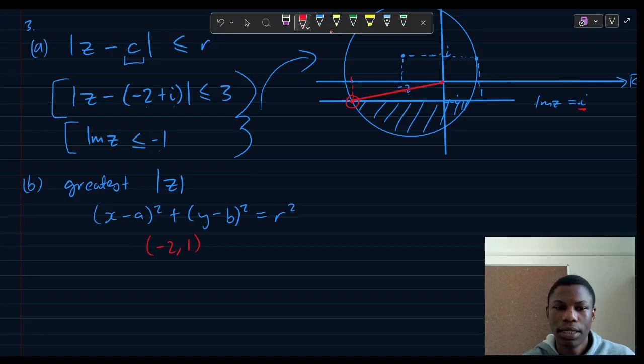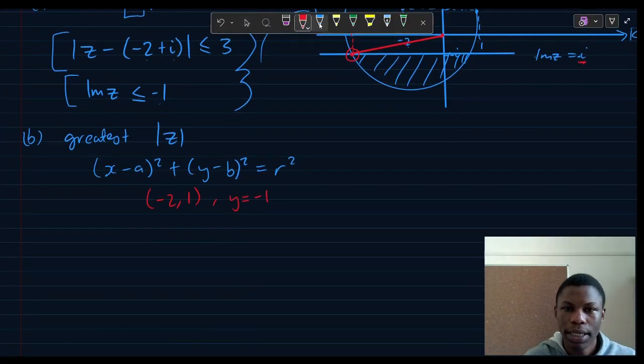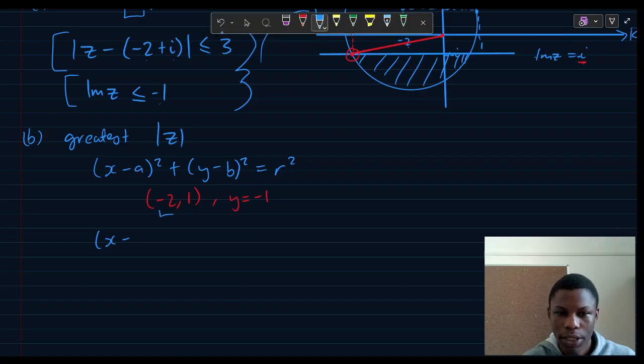And we know that the y value of the point we're interested in is minus 1. So I can substitute into this. So this is x minus the x coordinate of the center, minus 2, so that becomes x plus 2 squared, plus y minus the y coordinate of the center, which is 1, squared, is equal to our radius squared. Our radius of the circle we said is 3, so it's equal to 3 squared.